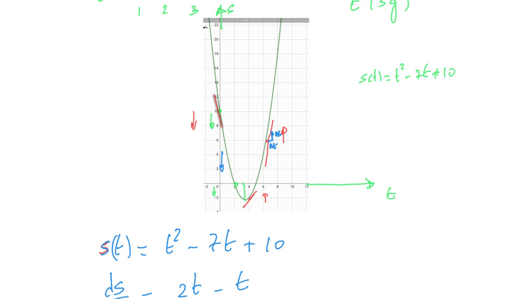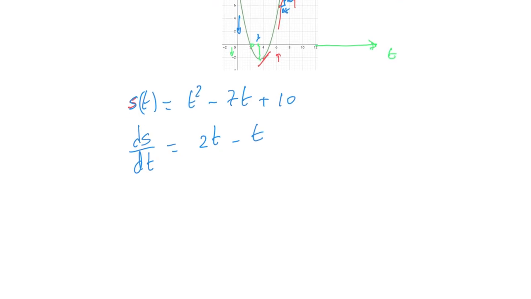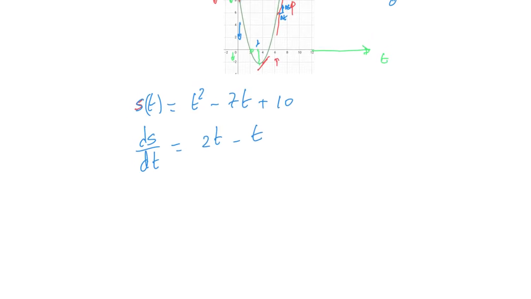In this case, we know more or less that from t equals 0 to t equals 3, the velocity is negative. And from t equals 3 to t equals whatever, 8, 9, 10, the velocity is positive. We see it in the graph. But the idea is that we find it here using the equation and not using the graph.